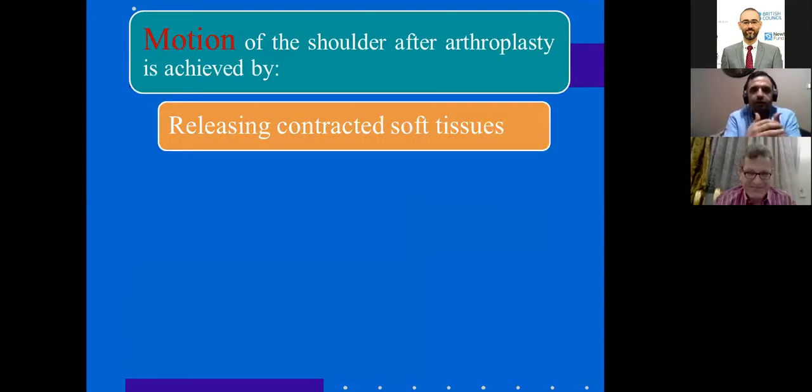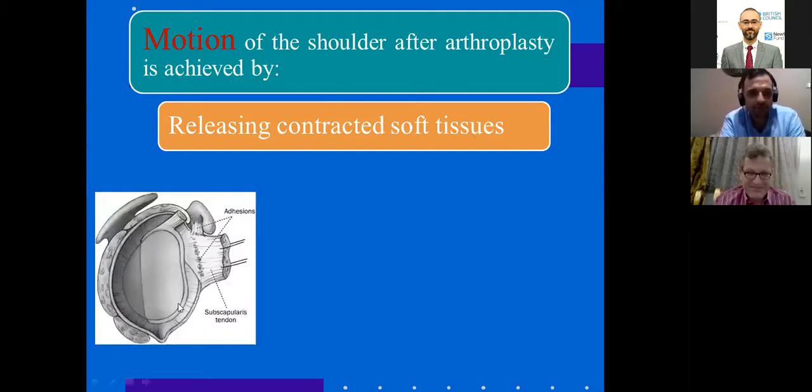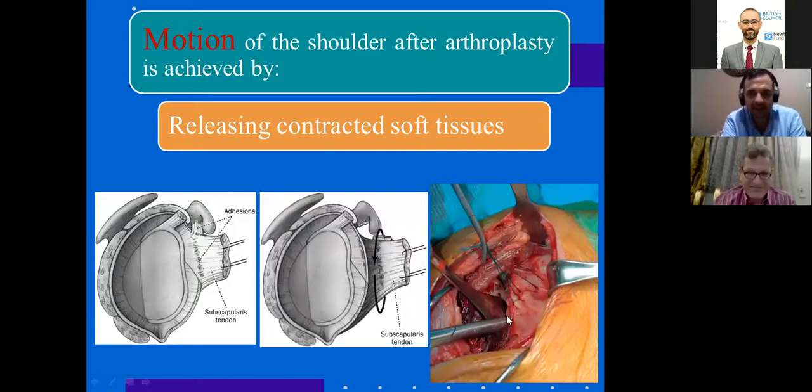The motion of the shoulder after arthroplasty is achieved by the following. When I do a total shoulder arthroplasty, I should keep in mind these steps to regain the motion. So I should release adequately the contracted soft tissue, especially the subscapularis. And in this view, you have contracted soft tissue and adhesions posterior to the subscapularis, and this is after release, and this is a clinical photo of supraosseous release from the anterior subscapular fossa.